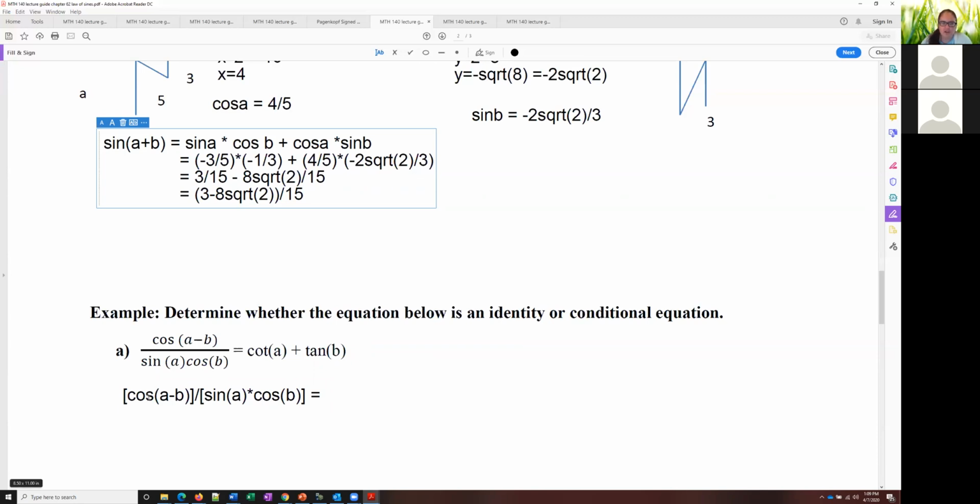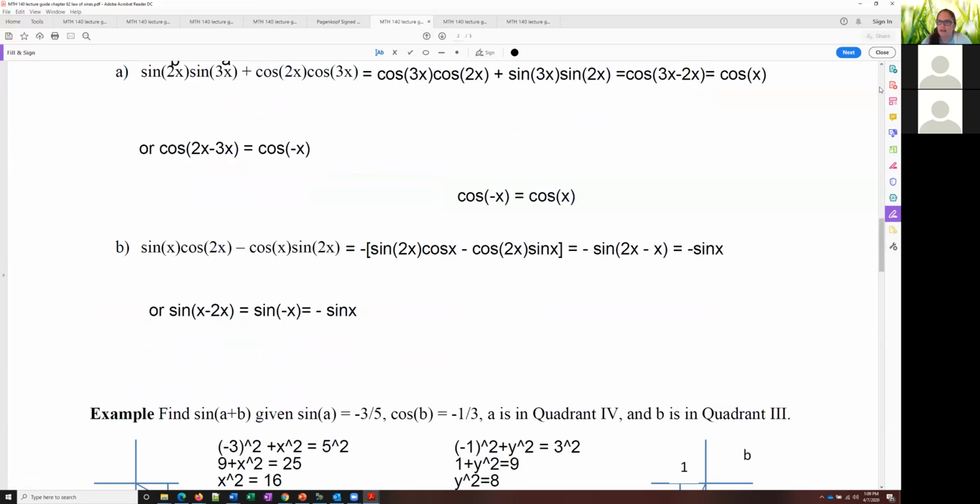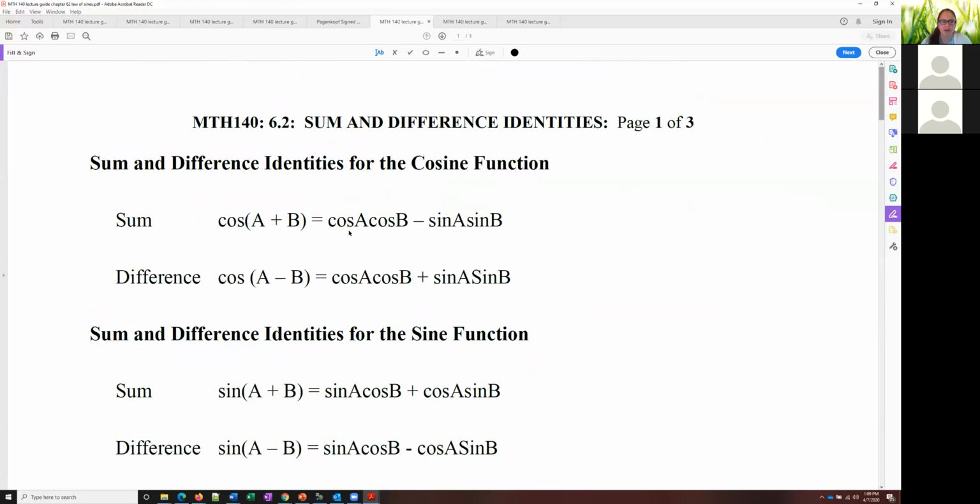And so for this one, because I have the cosine of A minus B, we've got a formula for that. So I'm just going to remind you about the formula for the cosine of A minus B. That's equal to the cosine of A times the cosine of B plus the sine of A times the sine of B. So I'm going to use that on the top.